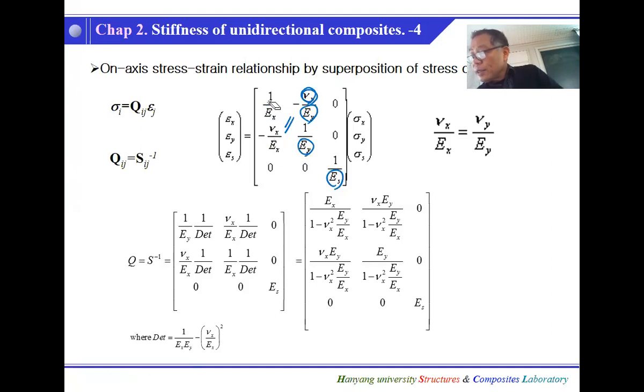We can count them: 1, 2, 3, and 4. Okay, 4 stiffness or material properties related to stiffness can be measured for a very thin ply. We're going to study a little bit about how to measure those terms.